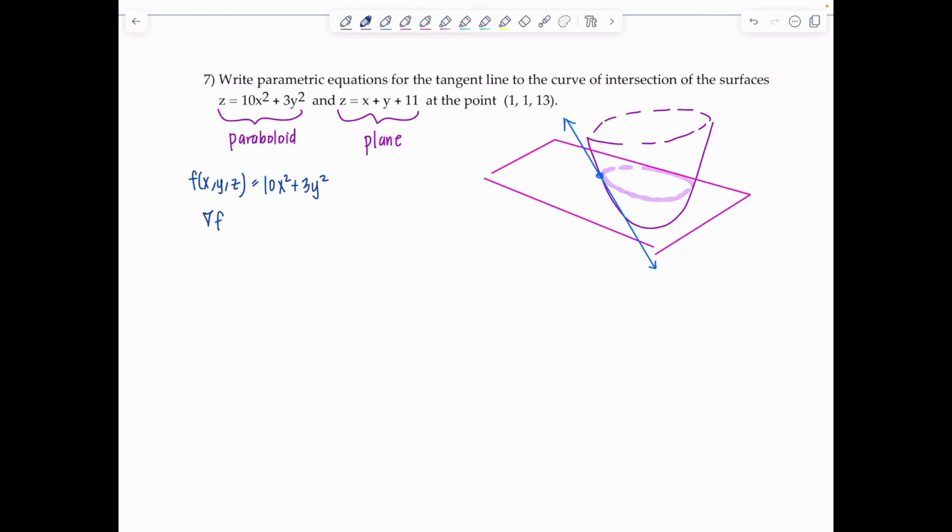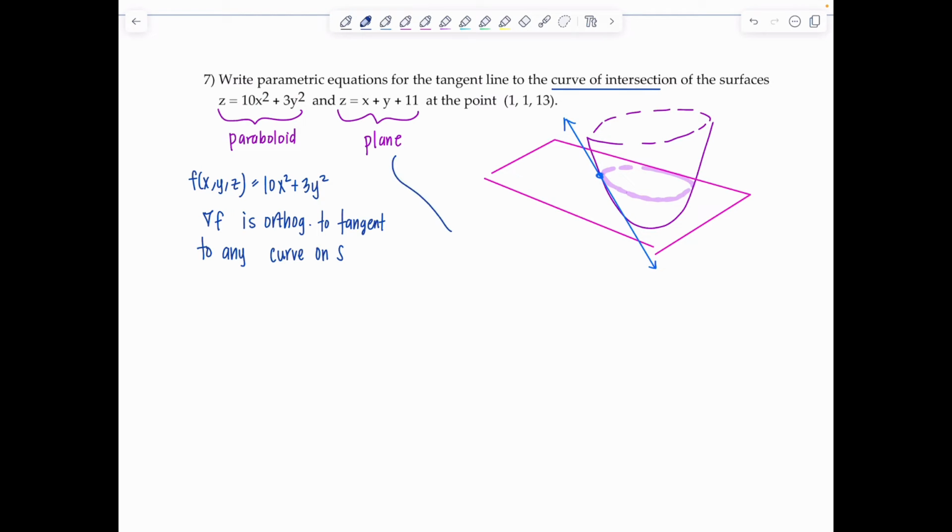The gradient of f is orthogonal to the tangent to any curve on this surface. Therefore, the gradient is going to be orthogonal to this curve of intersection.